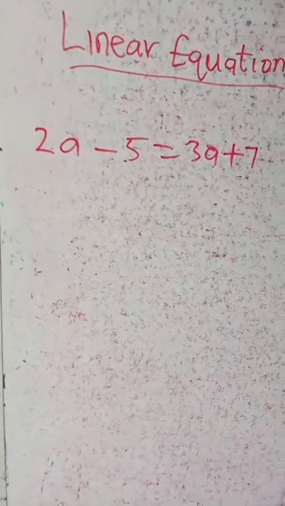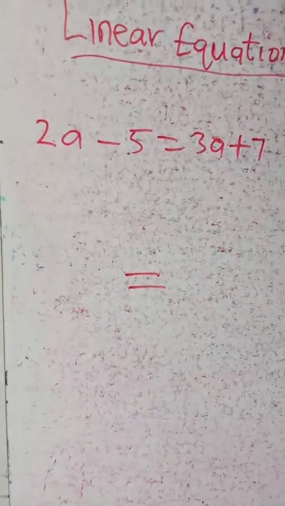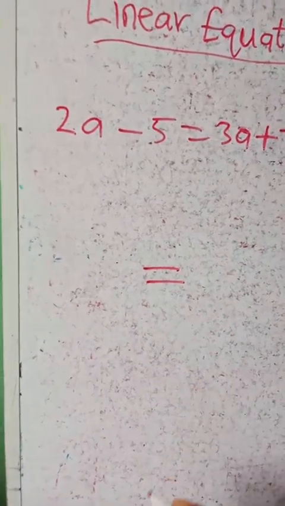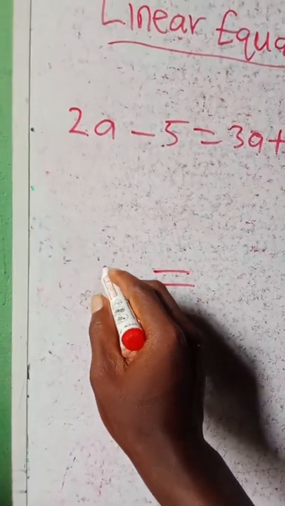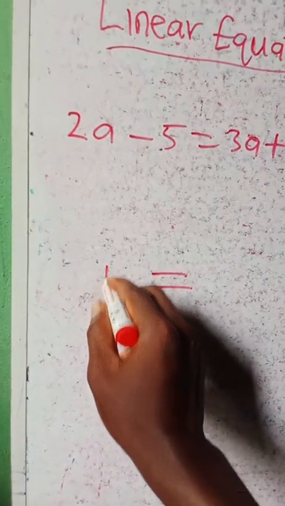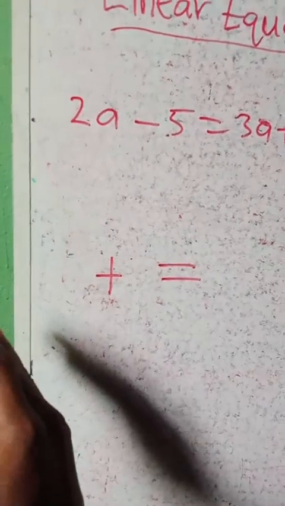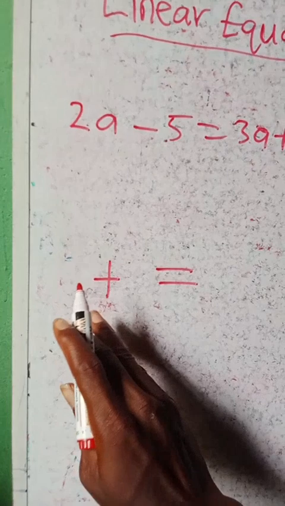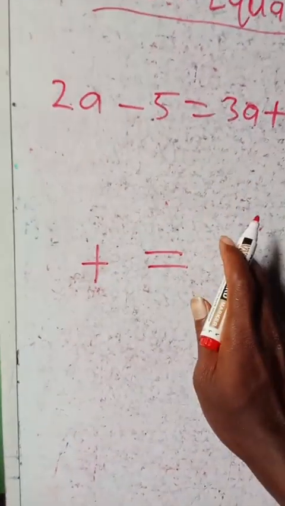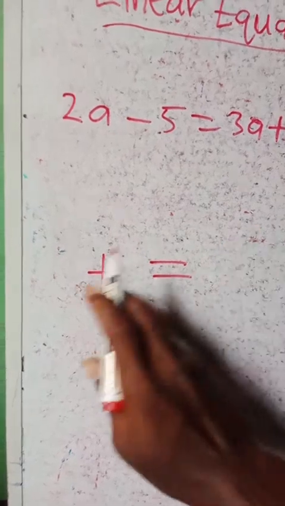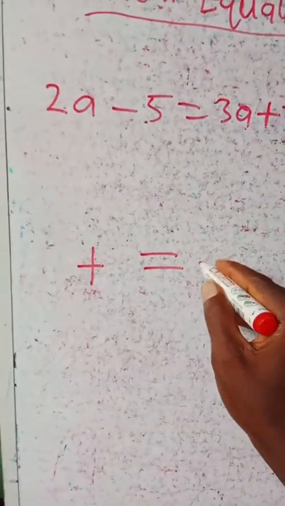In mathematics we have this equal to sign, and there's a rule that follows it. If you have a plus sign on one side of the equation and you want to take this number to the other side, if you cross it to the other side of the equation, it will turn to minus.